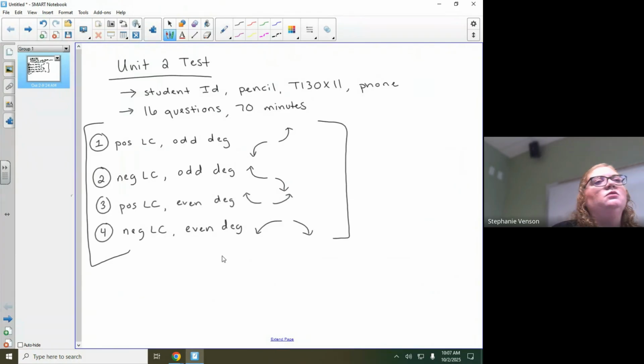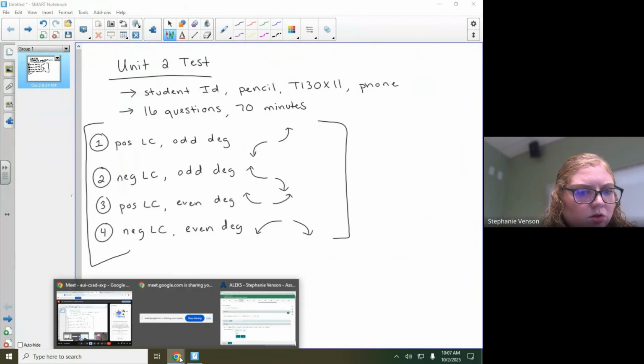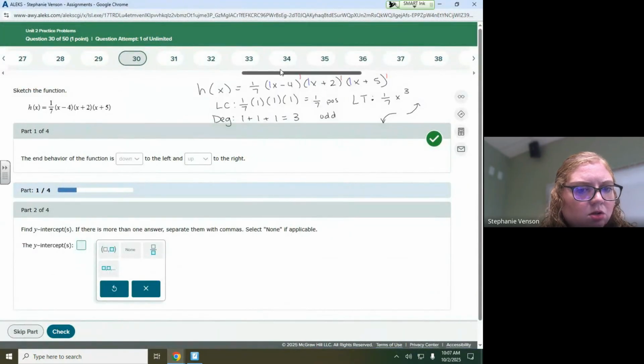So that's why we did 1 + 1 + 1 for this one. Were we still on number 30? Yes. Okay, so this one was in factored form, so we're adding the exponents to get the degree. Yep, so you're adding the exponents to get the degree in factored form. So 1 + 1 + 1.